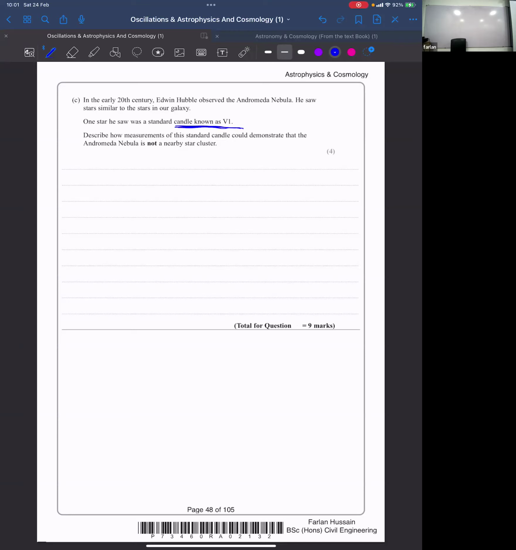We can't use that. You measure the, but then you need to have something at the background.